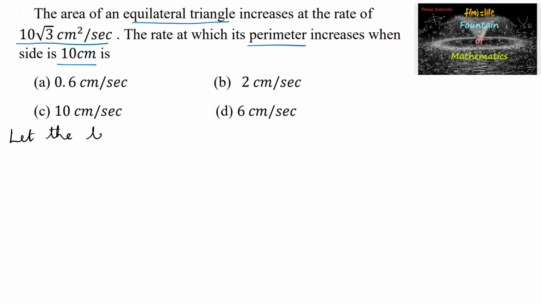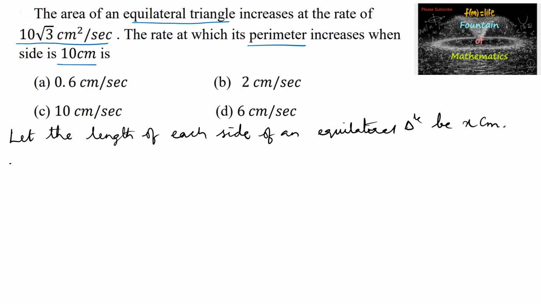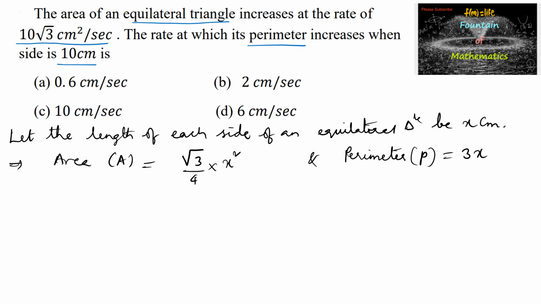Let the length of each side of the equilateral triangle be x centimeters. Then its area A is equal to root 3 by 4 into x square, and the perimeter P is equal to 3 times the length of the side, that is 3x. This is in centimeter and this is in centimeter square.